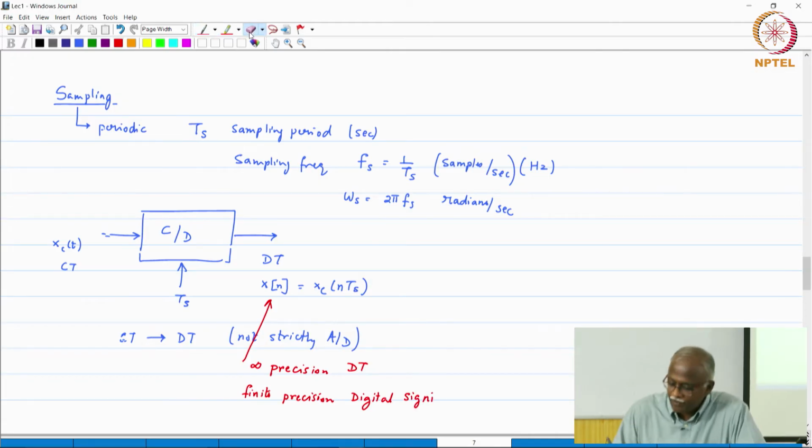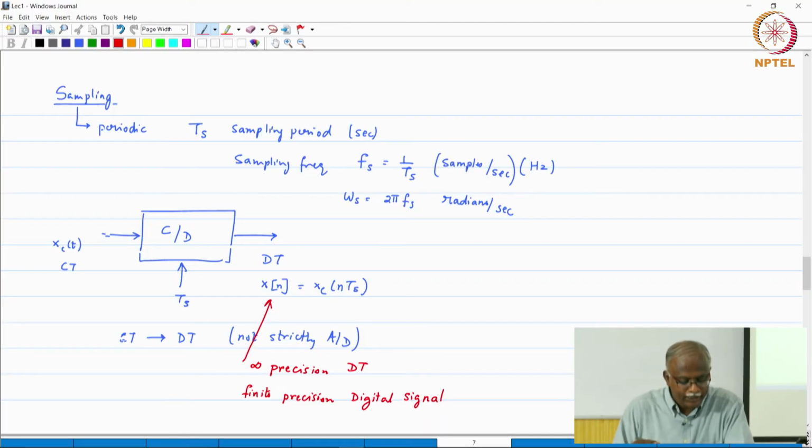So, in most of our discussion we really are not paying too much attention to how I am quantizing the signal, because all the time we are saying that I am using a sufficient amount of precision.